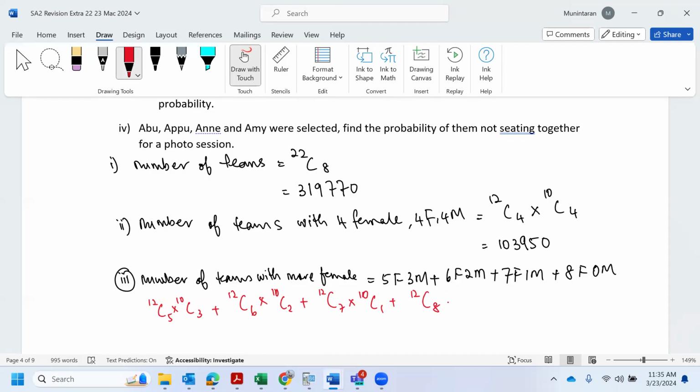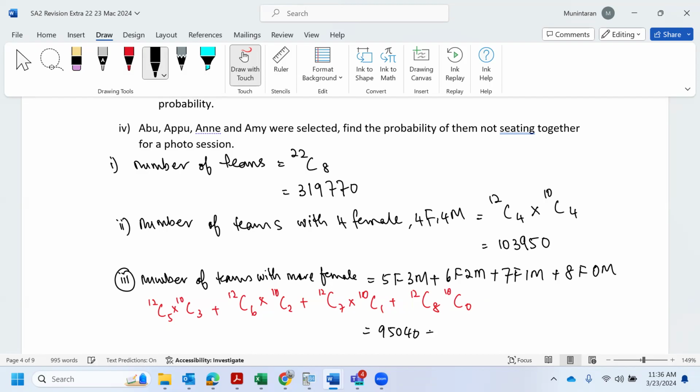You don't need to write the last, because 10C0 equals 1.